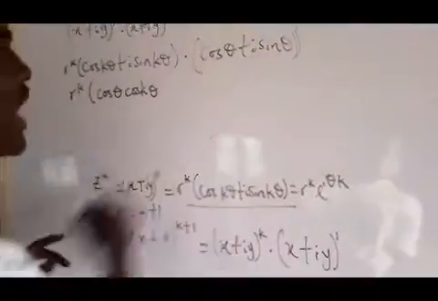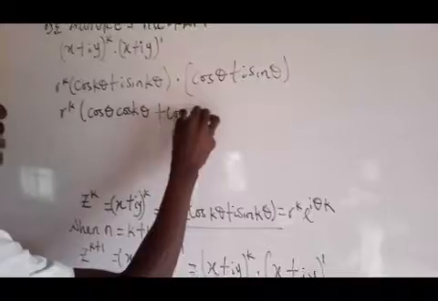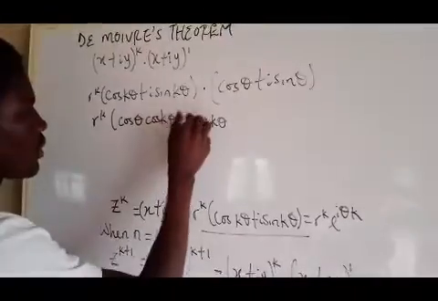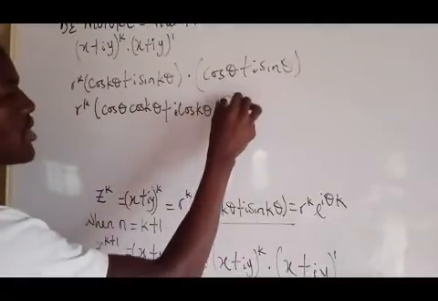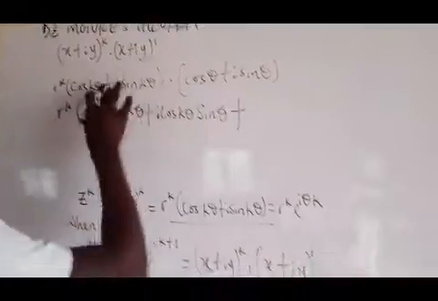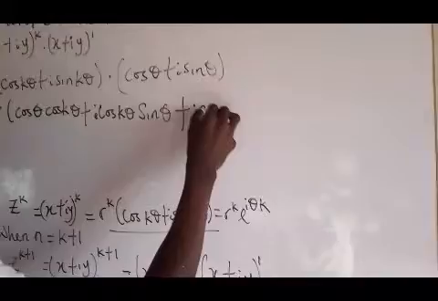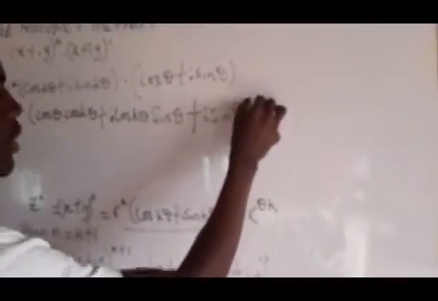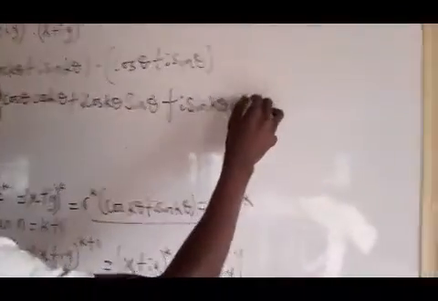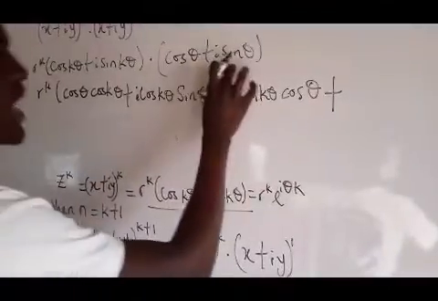Cos θ times i sin θ will give us cos kθ, then i sin θ. Okay, plus i sin kθ times cos θ will give us i sin kθ cos θ, plus i sin kθ times i sin θ.